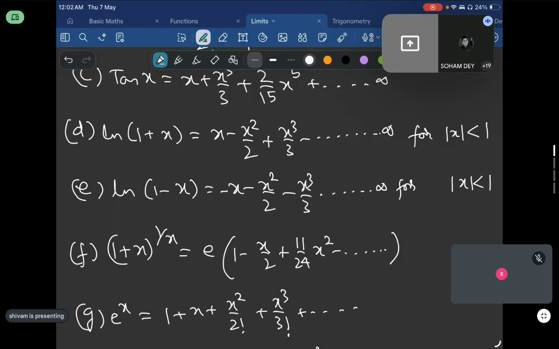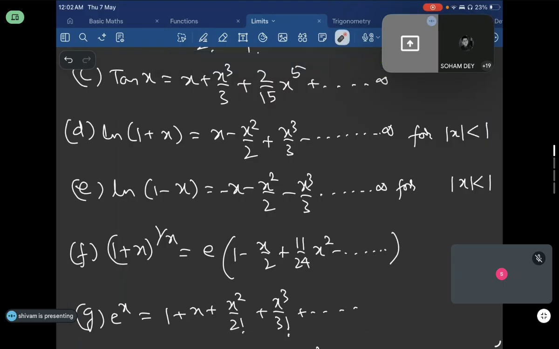Yes, but I'm asking if x equals minus 1, then this will be 0 plus... Yeah, it is there in the domain. Wouldn't that be x greater than or equal to minus 1 and less than 1?